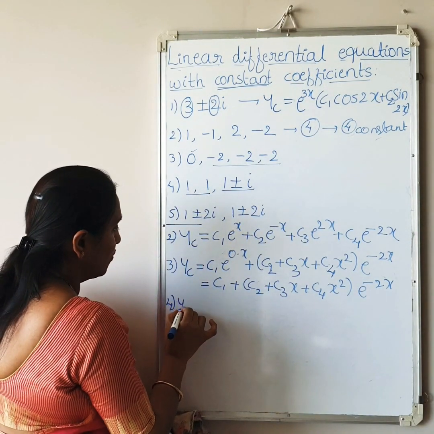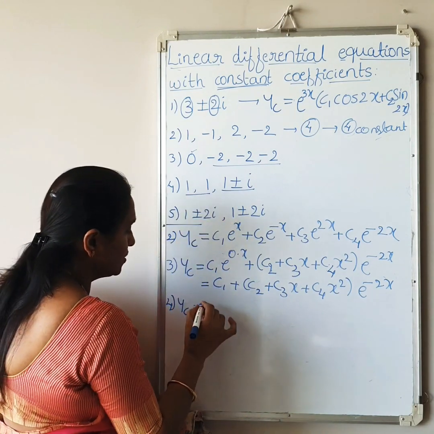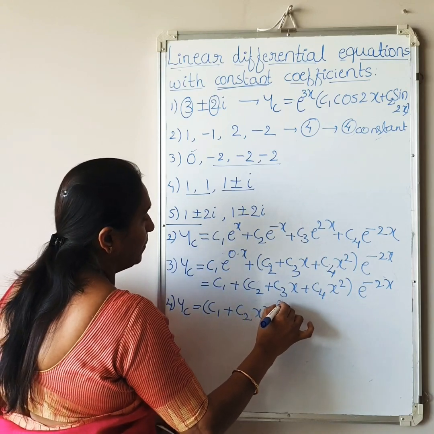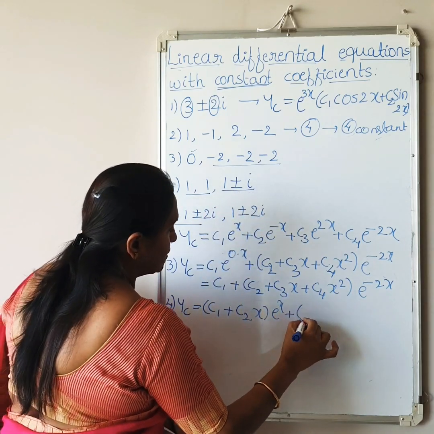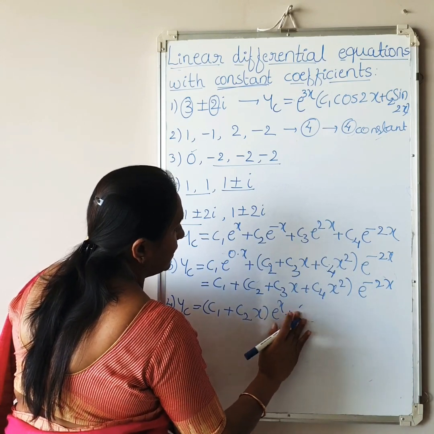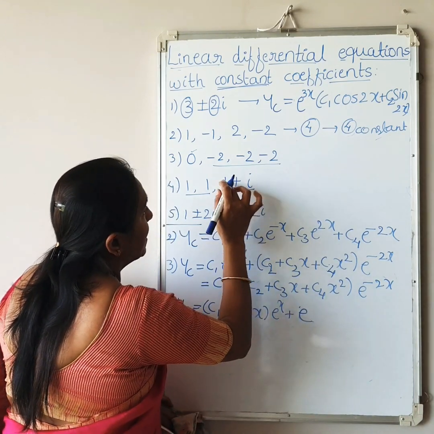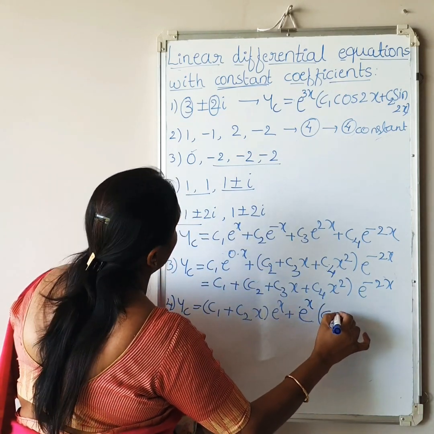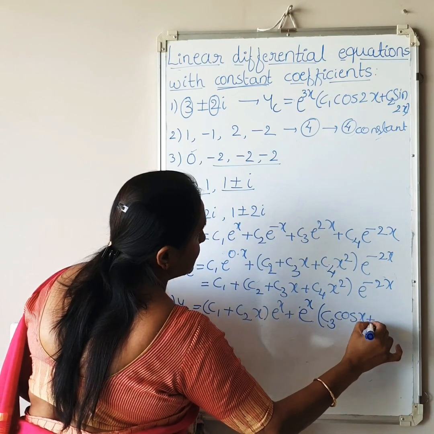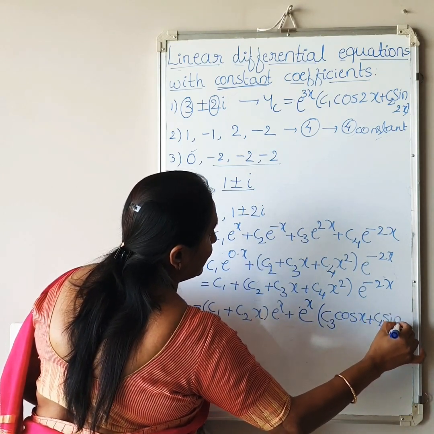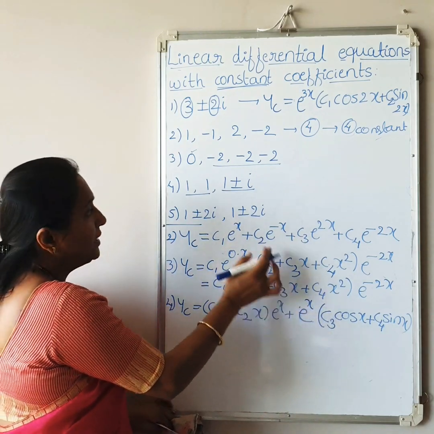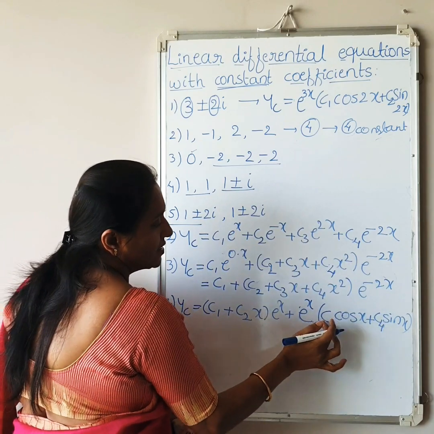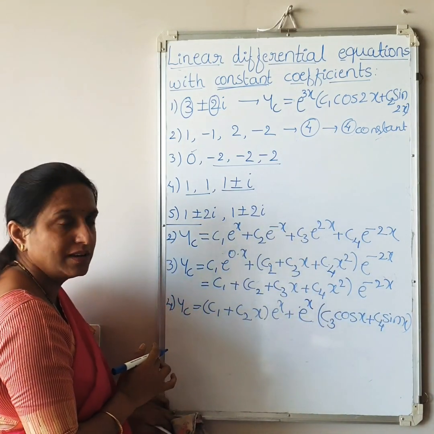For this one, yc is equal to, for the equal roots, (c1 plus c2x) e raised to x plus, this is imaginary, so e raised to x, real part is 1, (c3 cos x plus c4 sin x). It is e raised to px, p means here it is 1, cos qx, q is also 1. So c3 cos x plus c4 sin x.